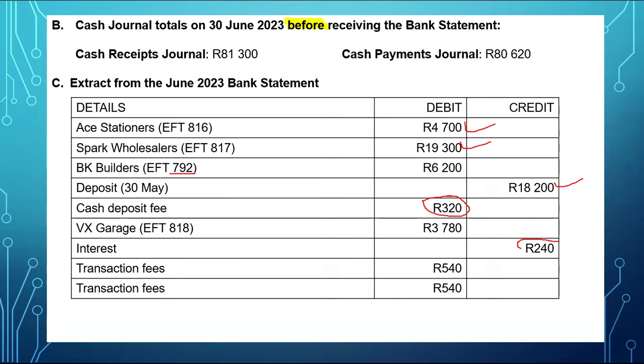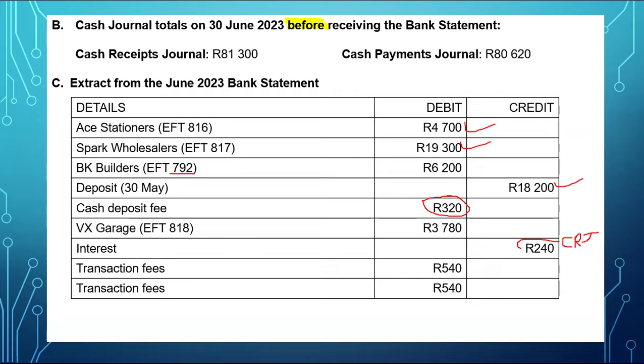Because it's on the credit side, it means it was interest on favorable bank balance, and interest on favorable bank balance is recorded in the cash receipts journal. And interest on unfavorable bank balance, if it was on the debit side, was going to be recorded in the cash payments journal. For this one, it'll definitely be recorded in the CRJ, but I'm just waiting to read additional information to find out more.